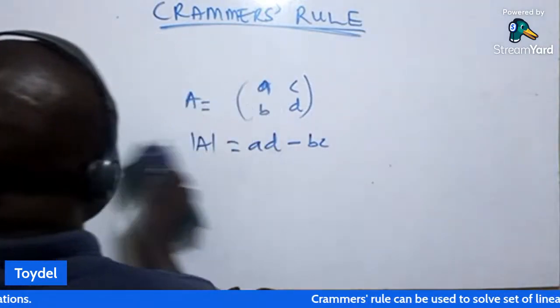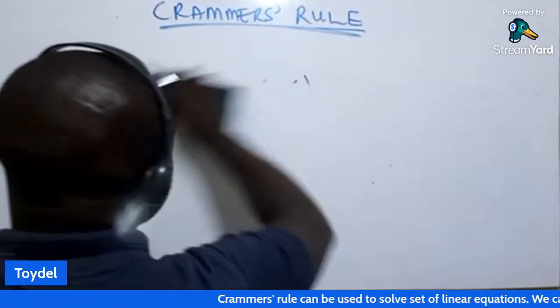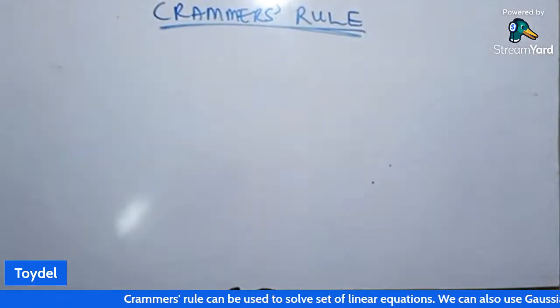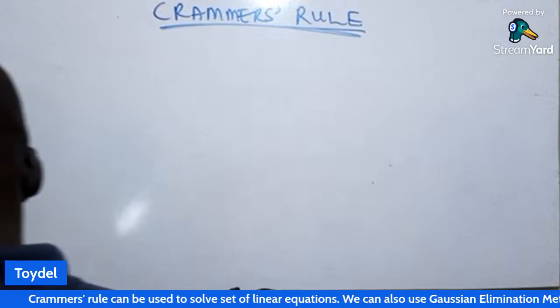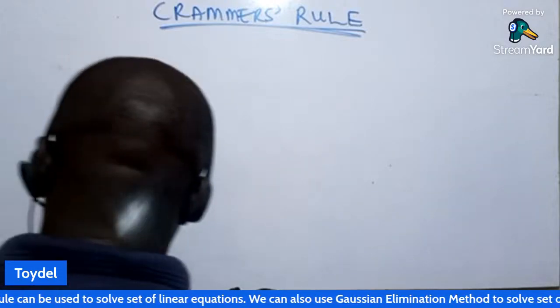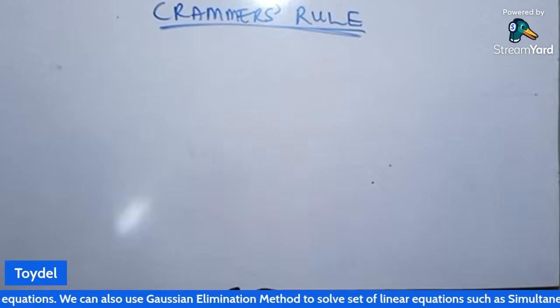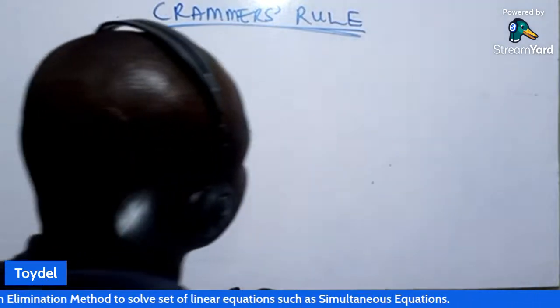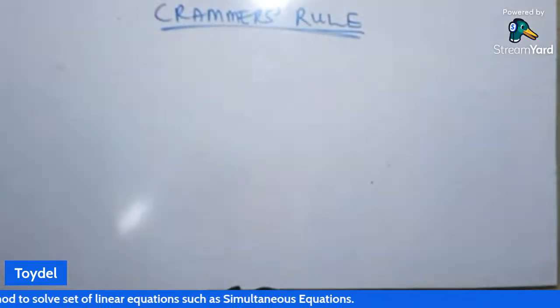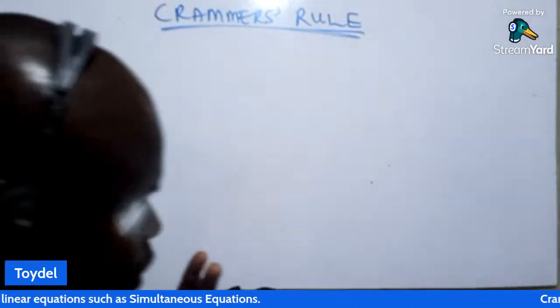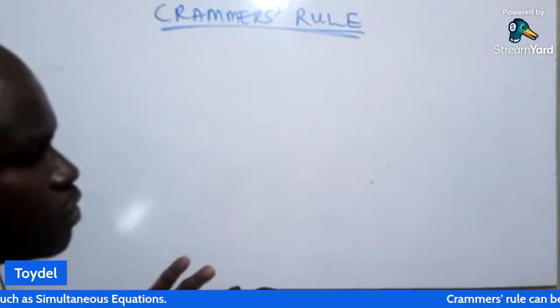We can use the knowledge of matrix, like this Cramer's rule that we want to discuss today, to find the solution to a set of linear equations. For instance, a simultaneous equation has two variables and two equations.